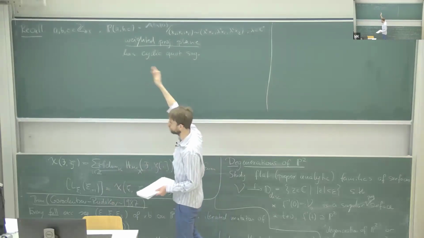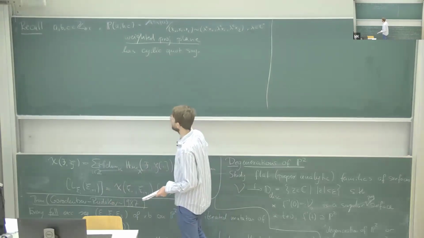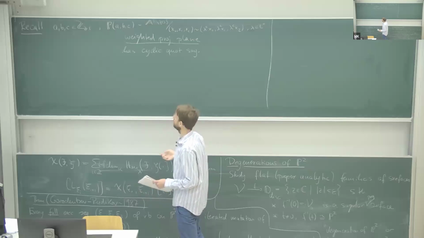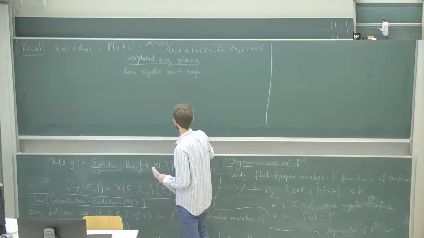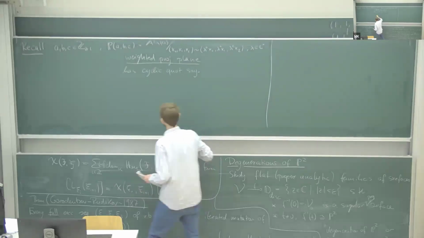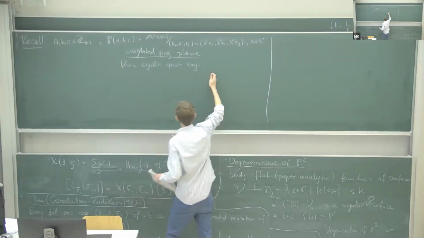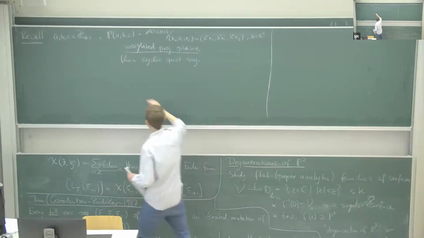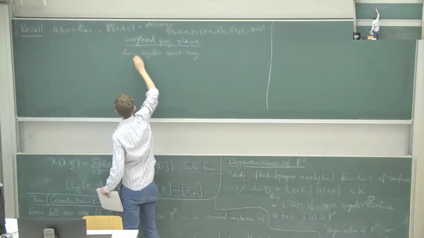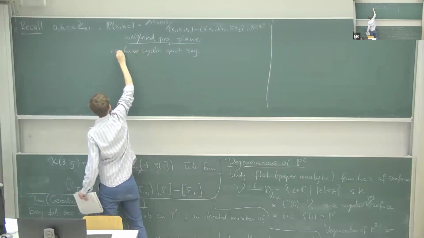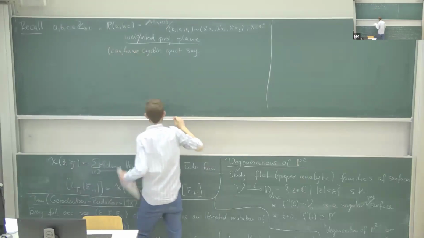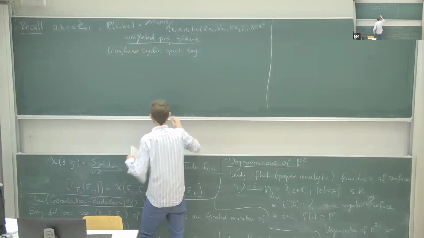For example, if a, b, c are all equal to 1, then we just get P2, which is smooth, so there are no singularities. Maybe the better phrase would be: it can have cyclic quotient singularities at the following points.